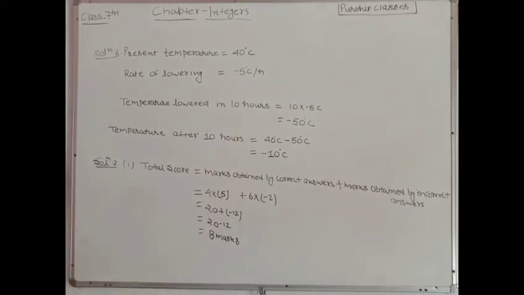And similarly he attempted 6 incorrect answers and minus 2 is given for 1 incorrect answer, so total marks will be 6 into minus 2. After that I have done the calculation, and here you can see Mohan's score is 8 marks. Understood?